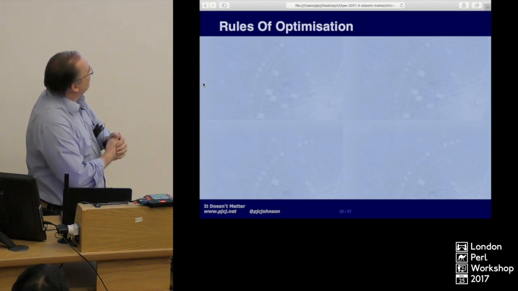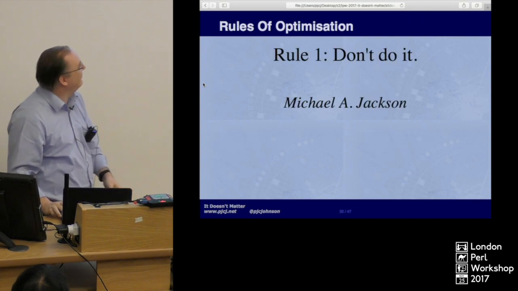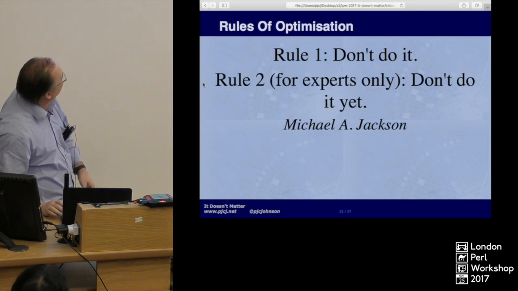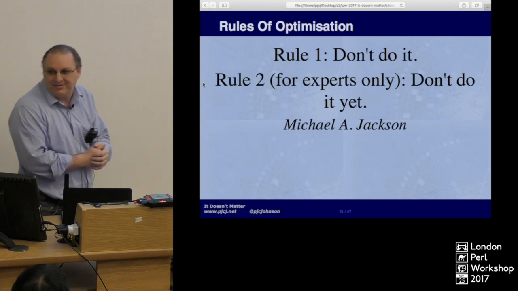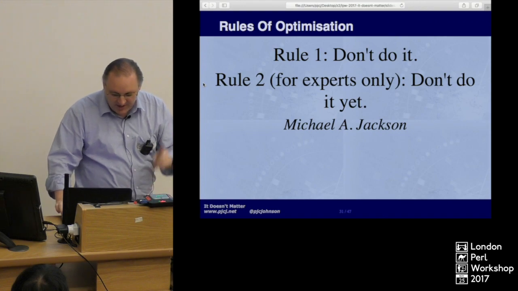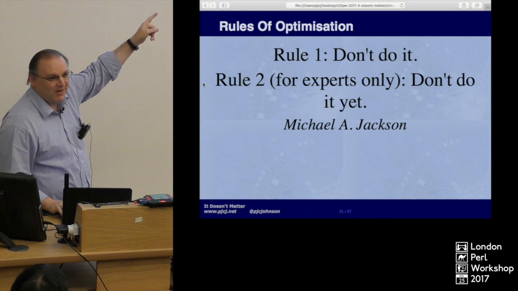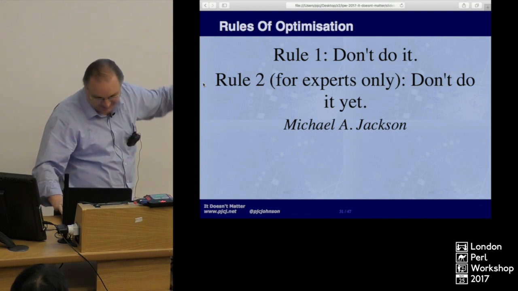Rules of optimization. Many of you will know these rules already from Michael A. Jackson. First one, don't do it. Second one, for experts only, don't do it yet. Oh, I better be quick. Okay, the thing is, though, we're all experts and we've all been waiting long enough, so we're going to do it anyway.